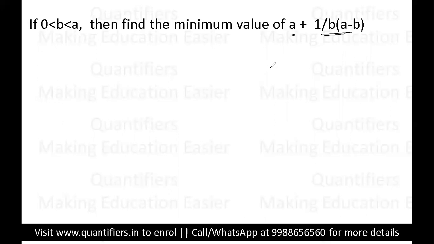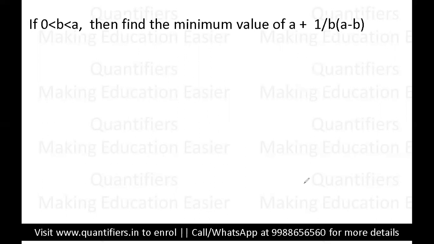Because how do we find geometric mean? We will multiply A with the other term, that is 1 by B into A minus B. And obviously there are two terms, so we will take a square root of it. Now this is not going to help us because the variables are not going to get cancelled out.